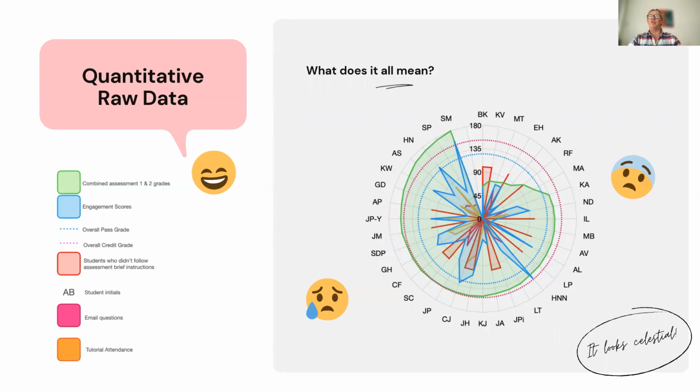Now, we ended up with a very pretty looking spider graph. It looks quite celestial, but just didn't really have anything discerning that could come out of it. It wasn't very clear, any correlation at all.